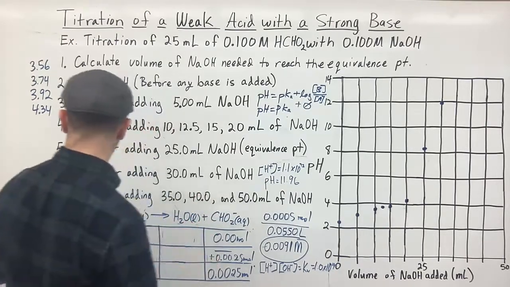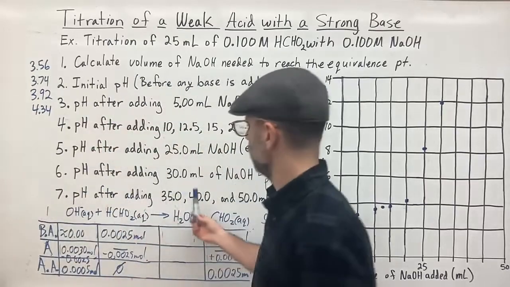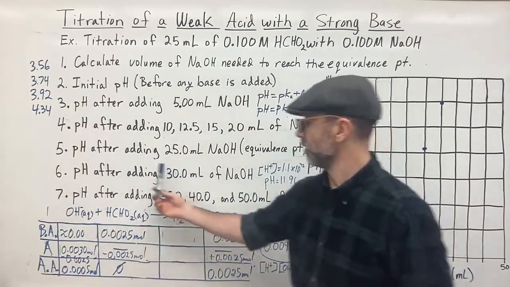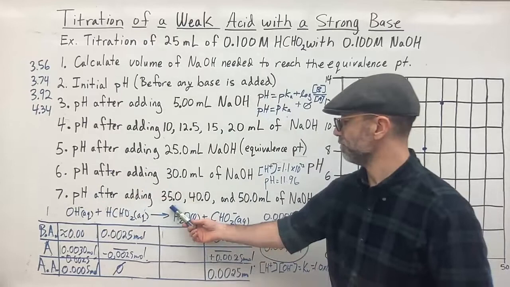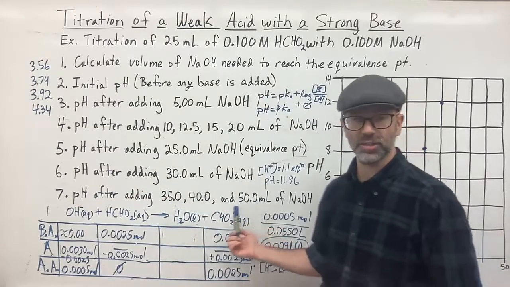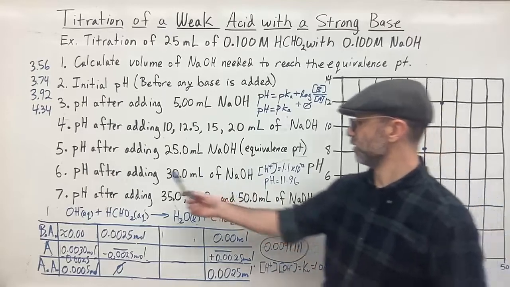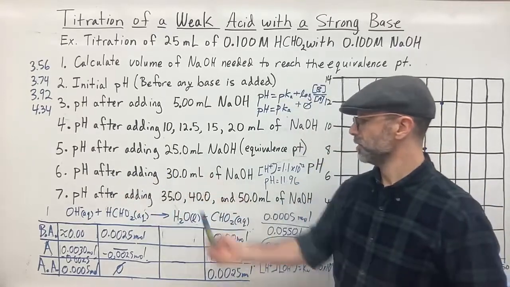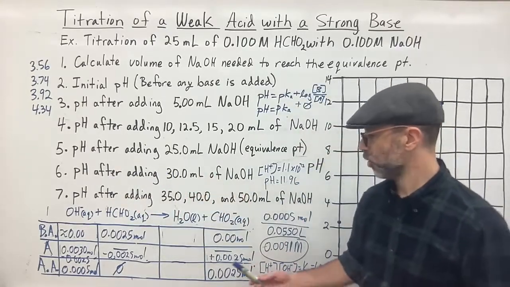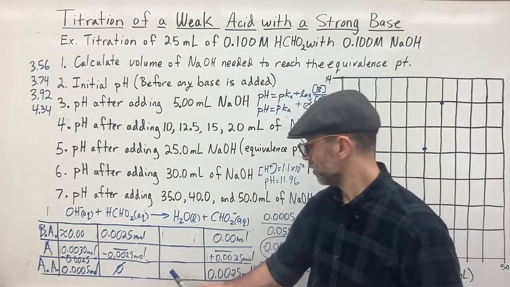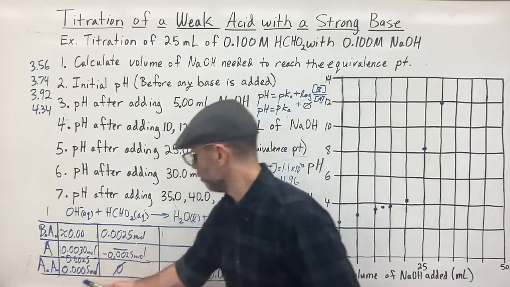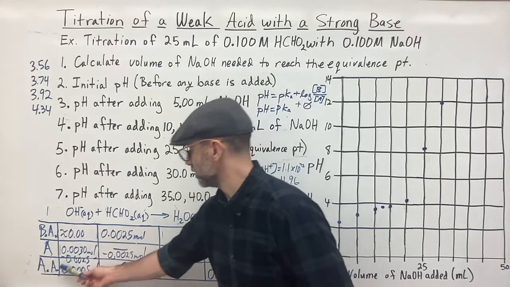And so at the last part here, calculating the pH after adding 35, 40, and 50 milliliters, the way you calculate that is exactly the way you calculated with 30 milliliters. The only difference is that you're going to end up with more of your OH minus left over.